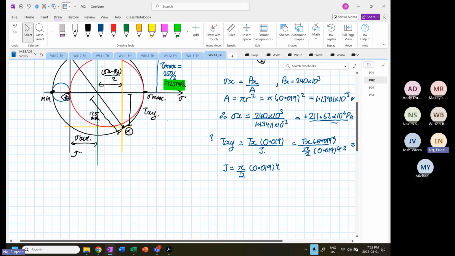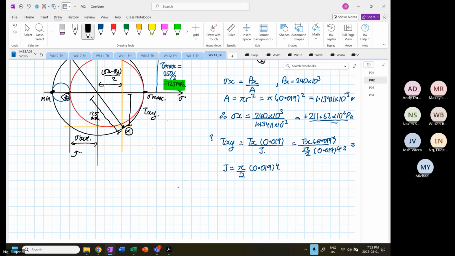So our strategy is we need to first formulate a relationship with the maximum shear. Okay, so from here we already identify that stress min is not equal to 0 from the 3D Mohr's circle. So the first thing we know is stress max.